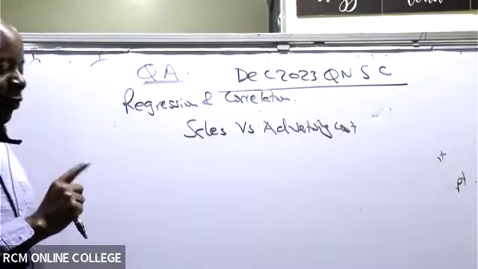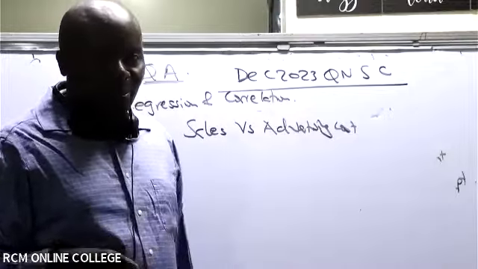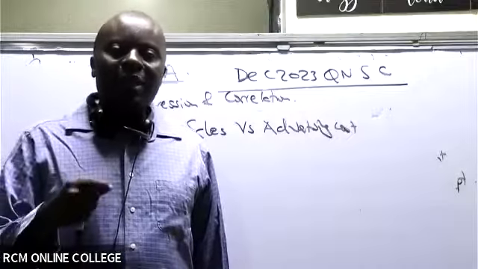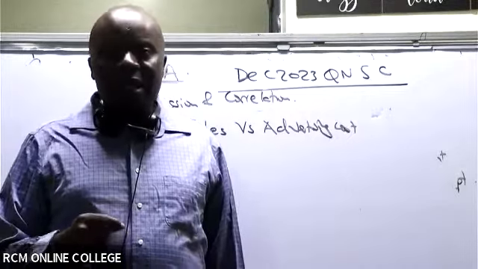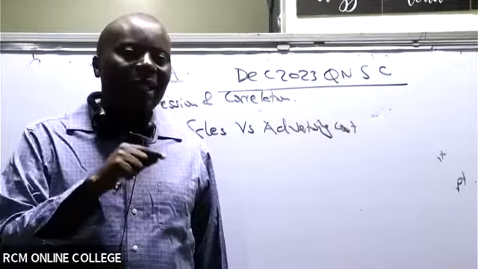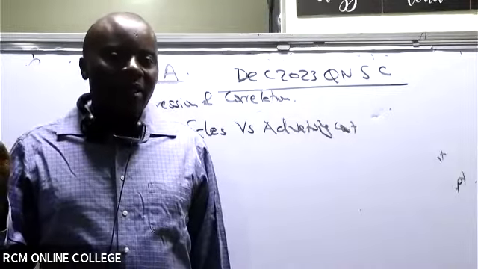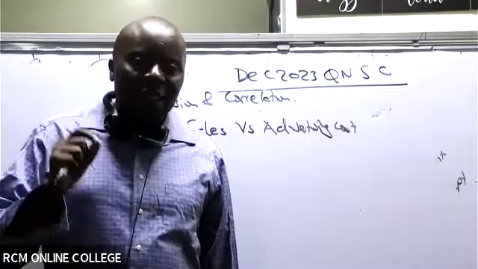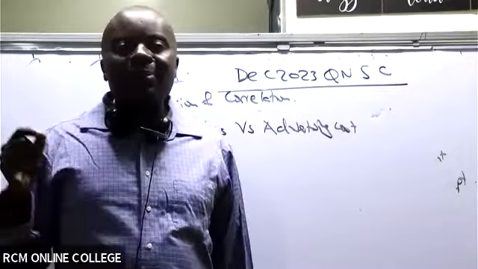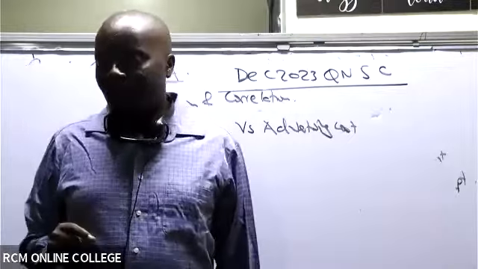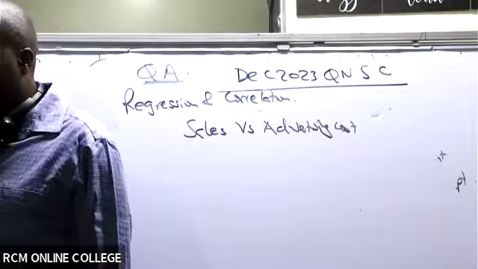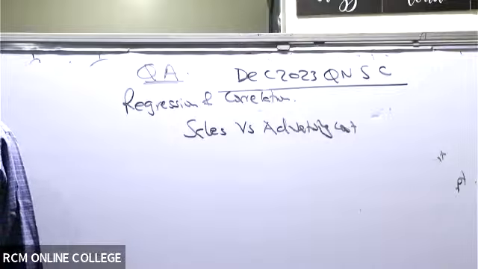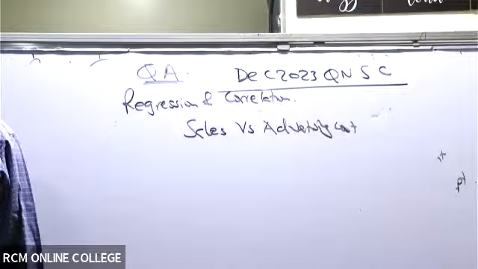Here you will have to look at the responding variable, the one that responds to the other. Let me put this question to you: is it true that advertising cost depends on sales, or is it the other way around? Which one do you think responds to the other?